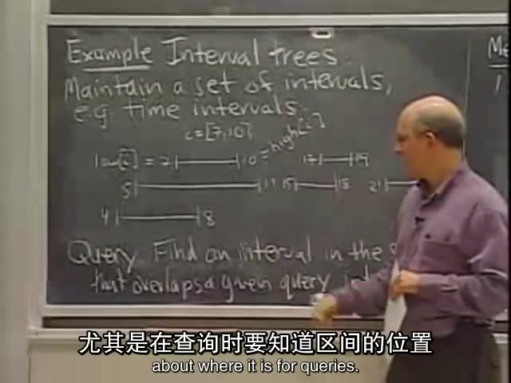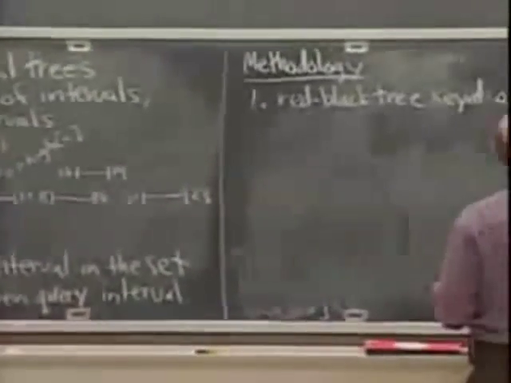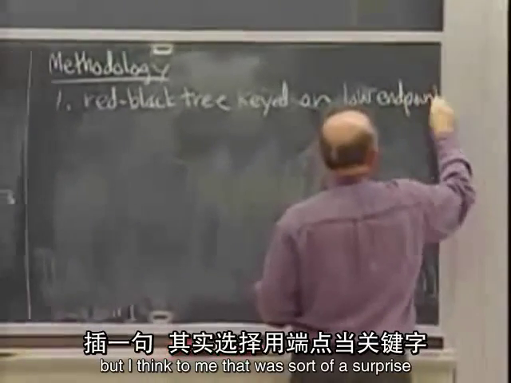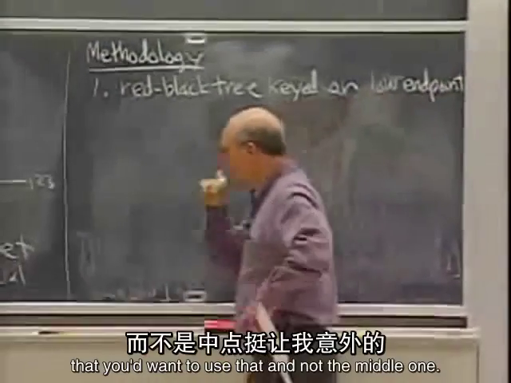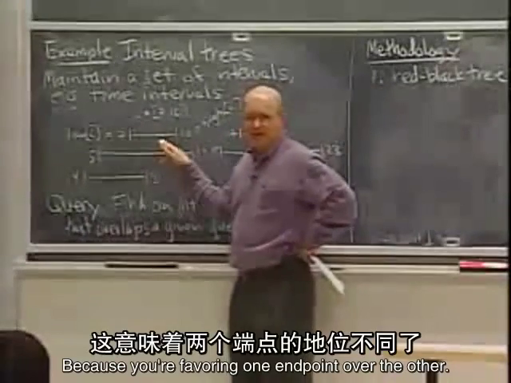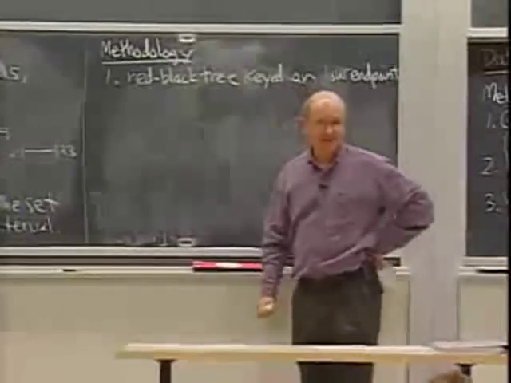Where, for queries. So it turns out we're going to use the low left endpoint. To me that was sort of a surprise, that you want to use that and not the middle one, because you're favoring one endpoint over the other. Turns out that's the right thing to do, surprisingly.